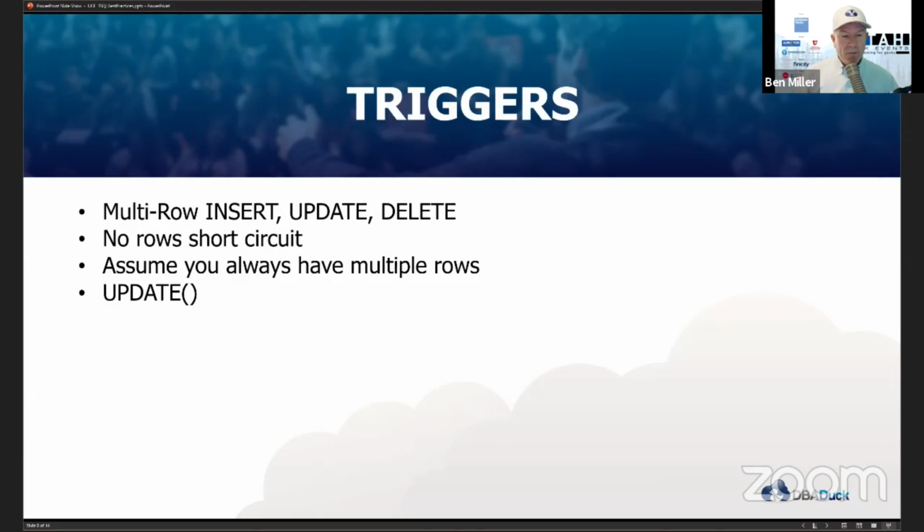Triggers. There's really not much to say, except there's a big trend that I see with a lot of old style triggers. Whenever you go into a trigger, you have 2 modes of operation. Besides the insert, update, delete, the way triggers work is if you did an insert, an update, or delete of multiple rows.